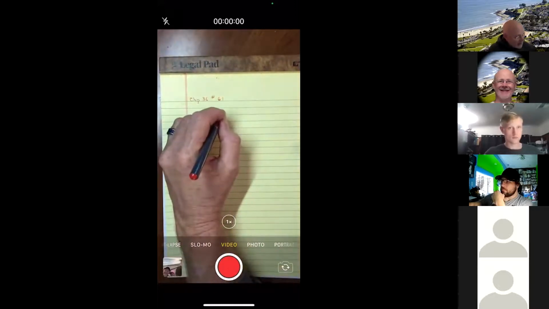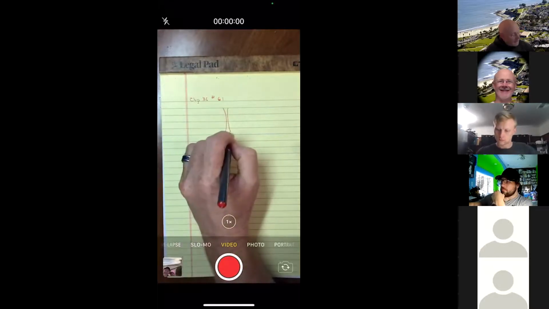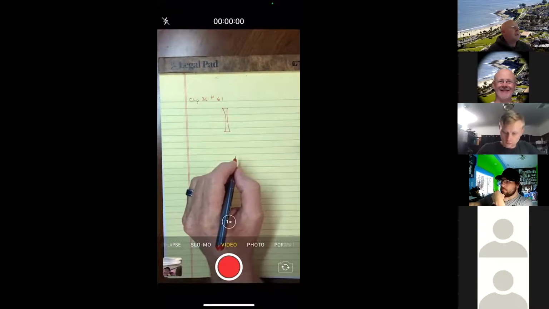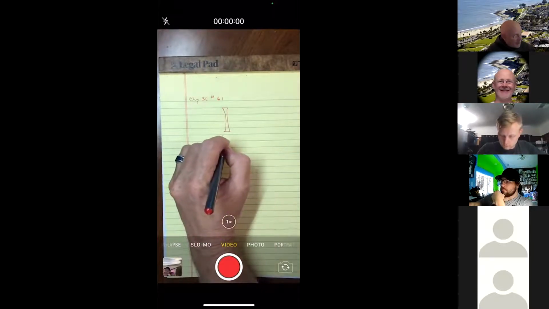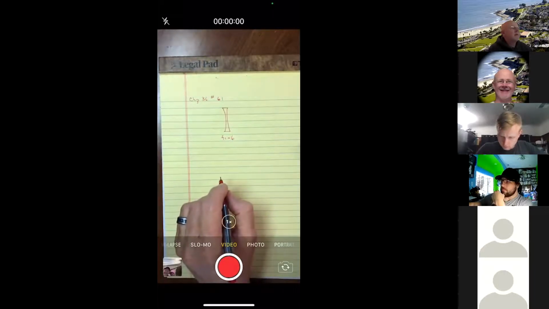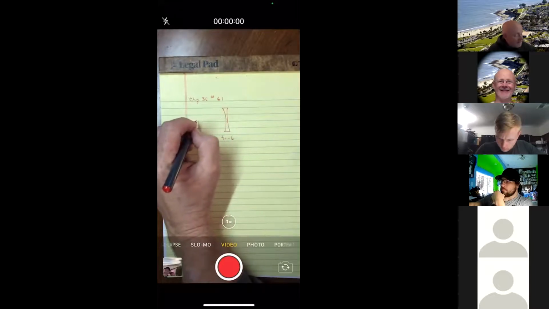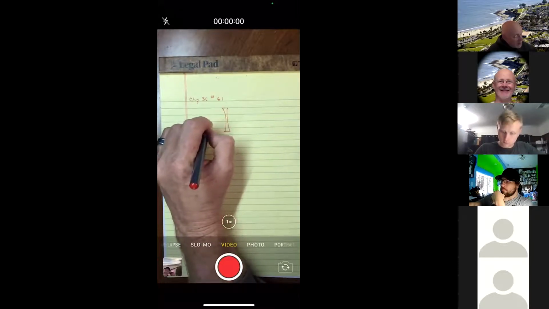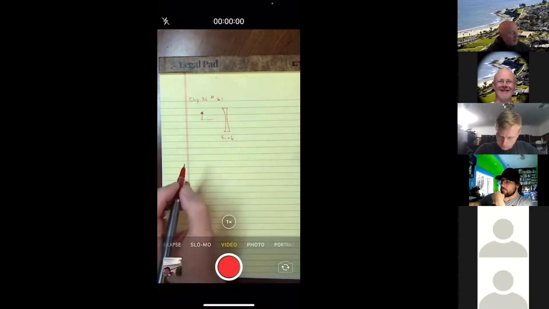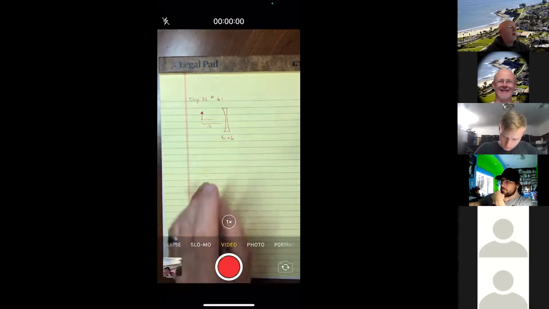So maybe to help me understand, I'm going to put a diverging lens, focal length equals -6. The object is 12 to the left. So maybe I'll put a vertical arrowhead here and put in 12.